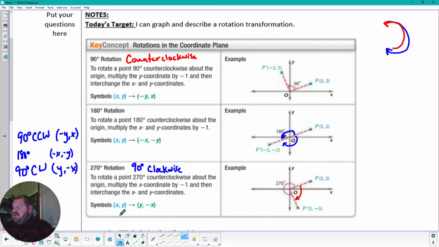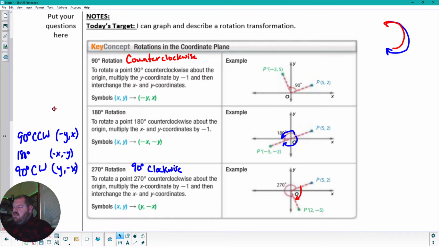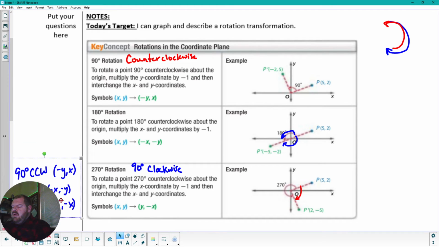And if you were with us in class, we talked about how you could make all of those rules based on just continuing to rotate in a single direction and just reapplying the rule.